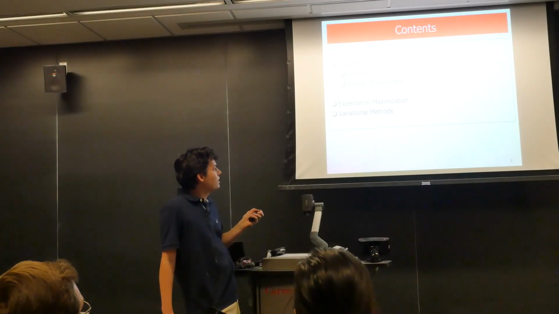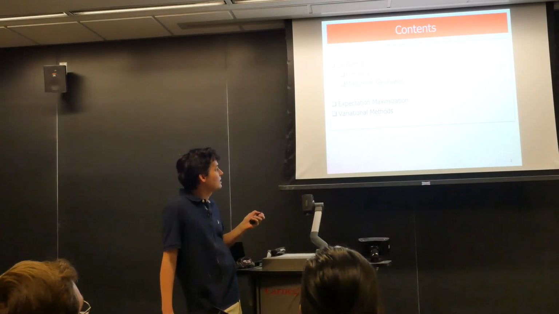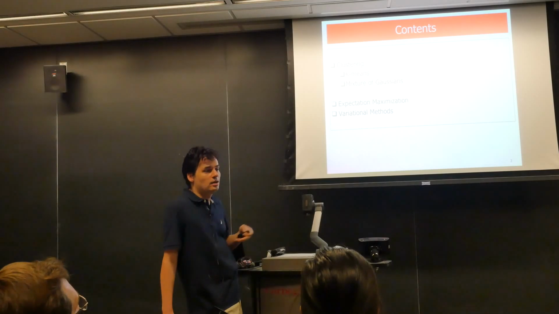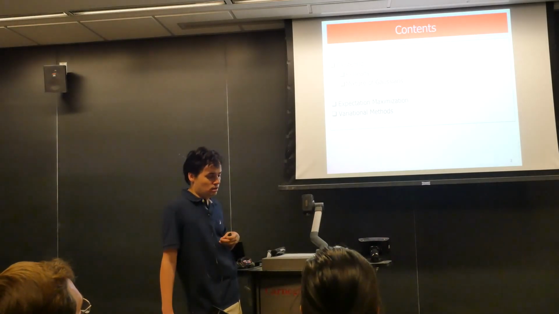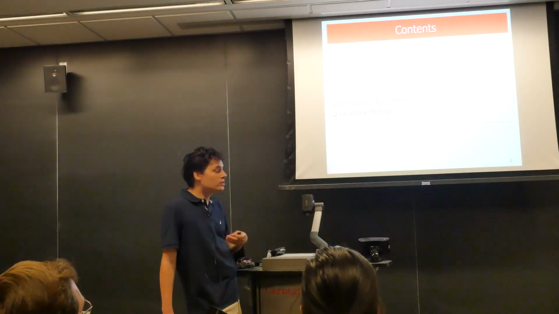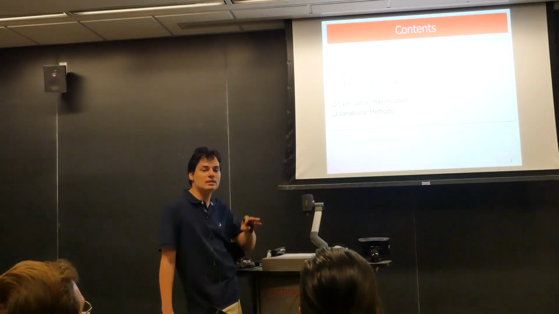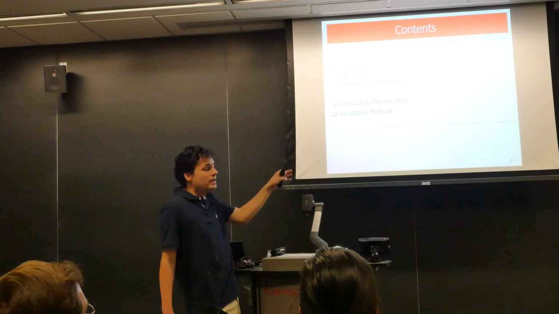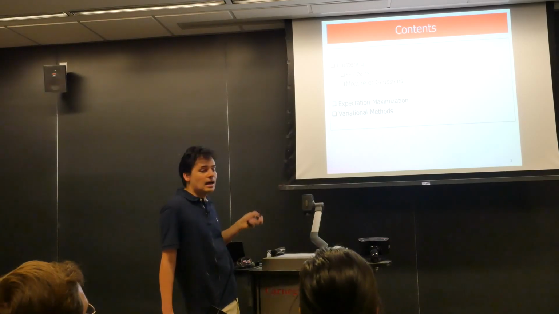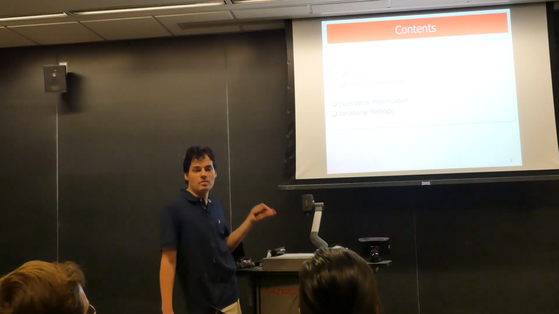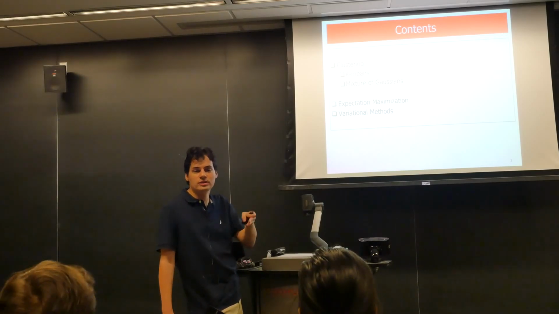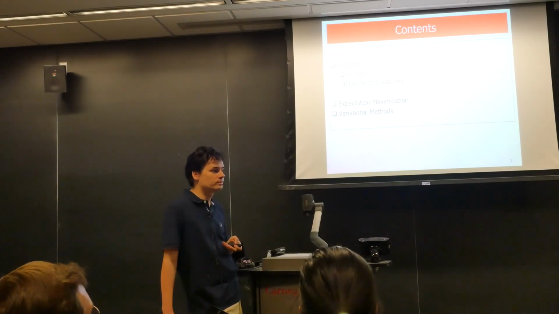And then we will see another generalization of expectation maximization, which is called variational methods, that you can use in certain cases where you cannot use EM. Okay, so we will see the details of that. Bottom line is, these are some maximum likelihood estimation methods that you can use in certain cases, and we will discuss what are those cases when you can use these approaches.